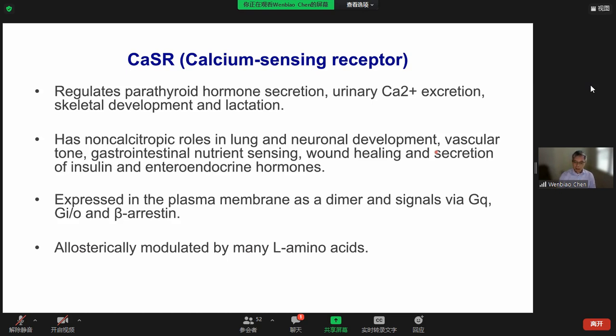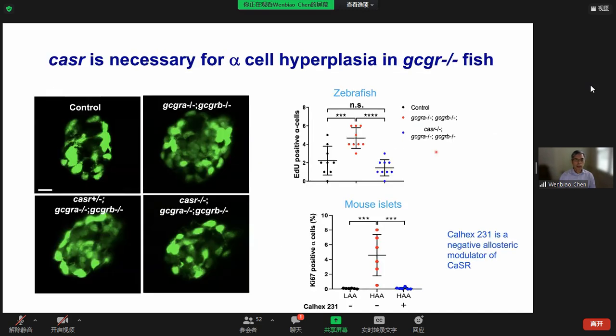So to see if amino acids are indeed involved, we made triple knockout animals, and in the triple knockout animals, alpha cell proliferation is brought down to the minimum level, just as in wild type.